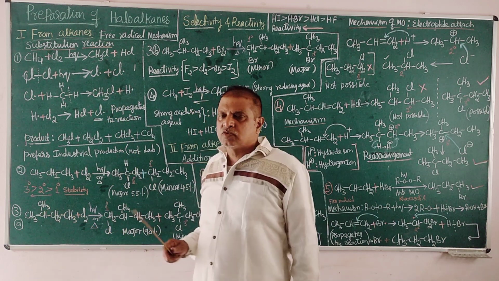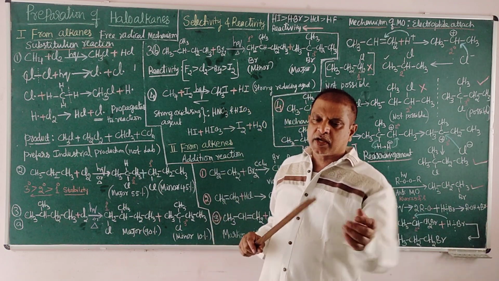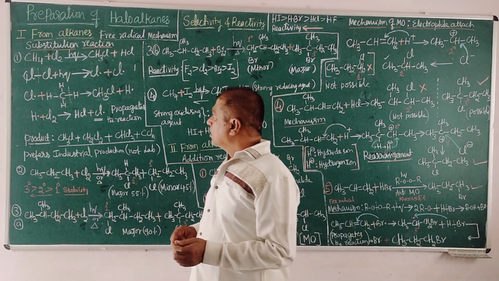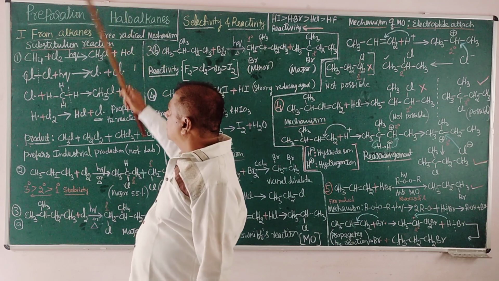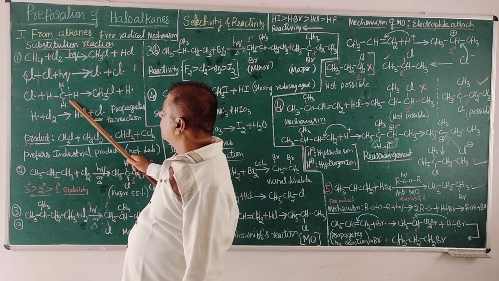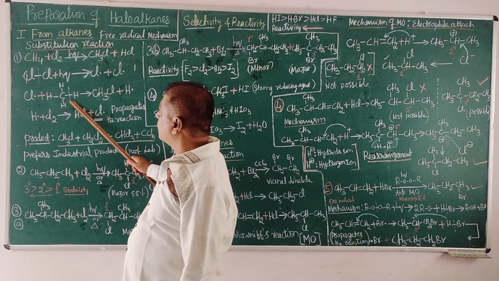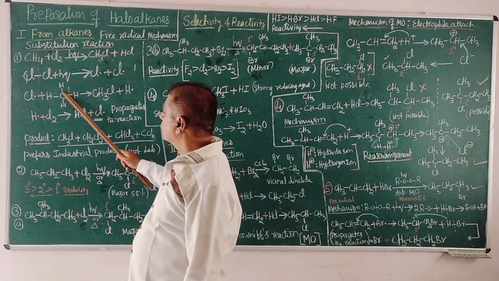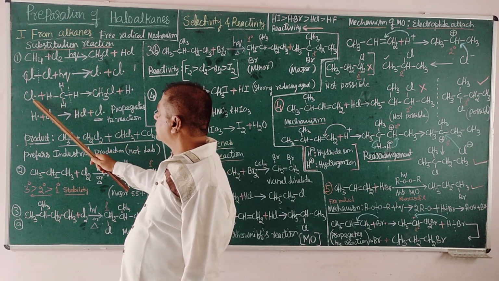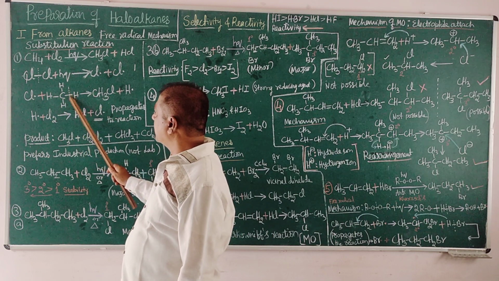The free radicals thus obtained are reactive species, which can act on the reactant molecule methane. That is the structure of methane. Consider the action of the chlorine free radical on these chemical bonds.